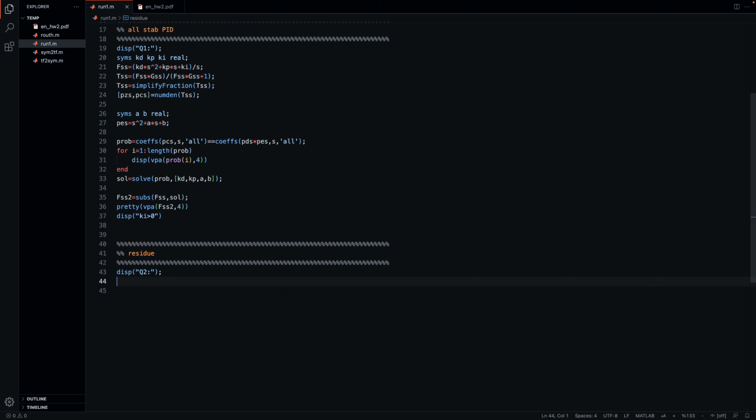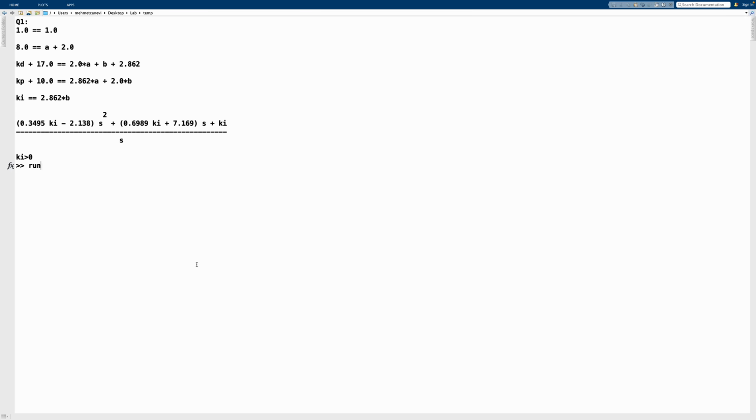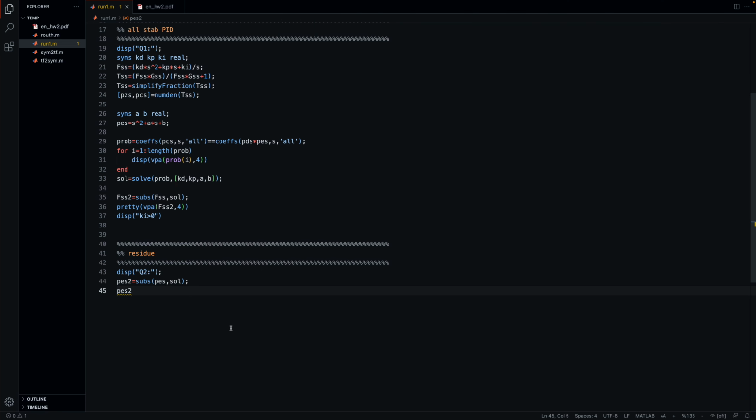Now, since we are already looking at PES, we can use the same strategy, and we could substitute the solution into PES and look at the residue polynomial itself. I'm basically substituting all the parametric values into this, and I might want to use VPA to again increase the readability.